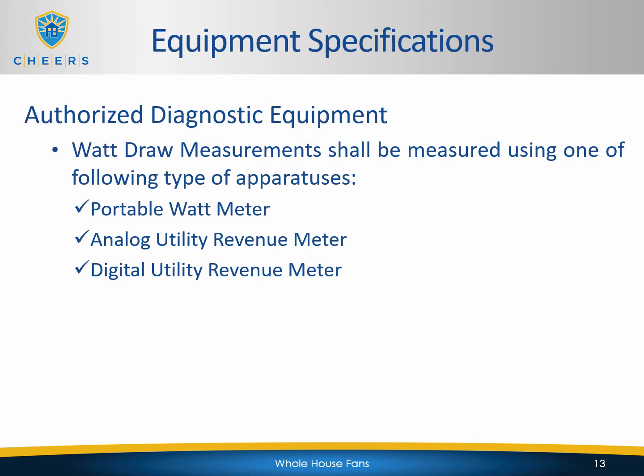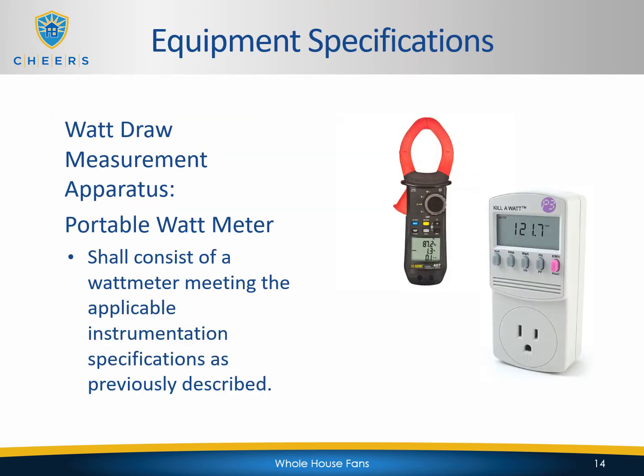Watt draw measurements shall be measured using one of the following types of apparatuses: the portable watt meter, which covers both the clamp-on style as well as the plug-in that we saw earlier, the analog utility revenue meter, and the digital utility revenue meter. The portable watt meter shall consist of a watt meter meeting the applicable instrumentation specifications as previously described, and that was the accuracy information that we saw.